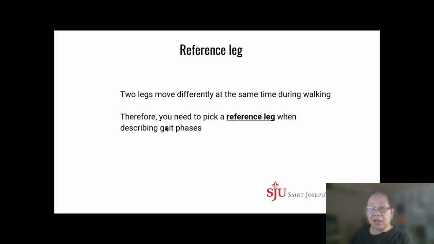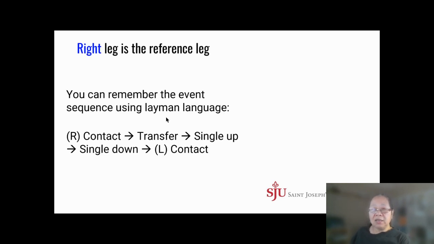At the same time, two legs are doing different things, so they are at different gait phases. In order to describe clearly, you need to tell me which leg you are talking about. So that is the reference leg. You always give me a reference leg before you talk about gait phases. So in the following slides, I will use right leg as the reference leg.